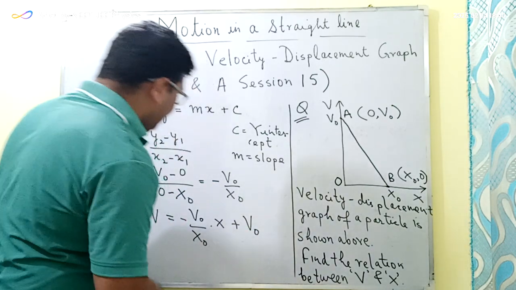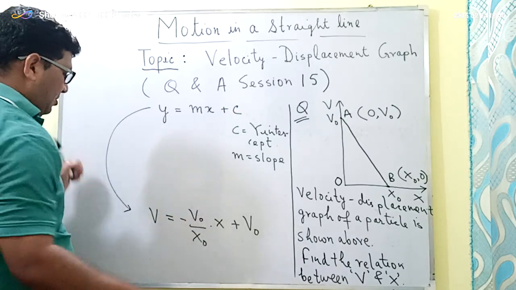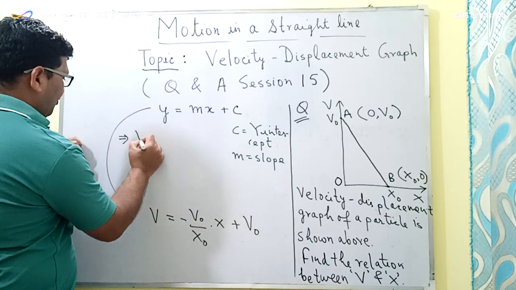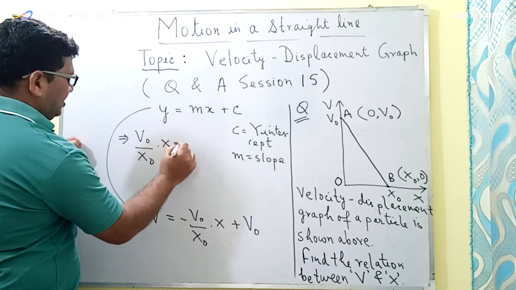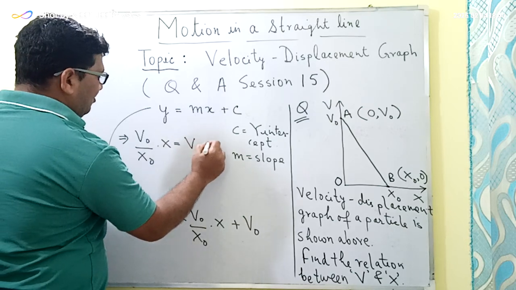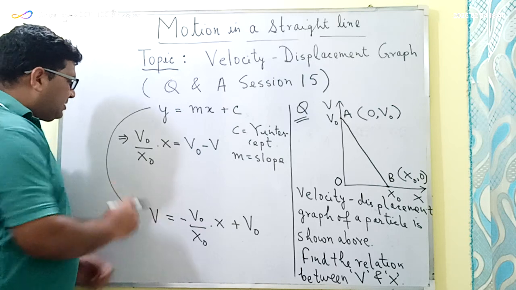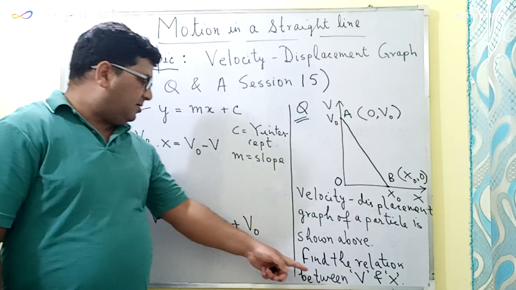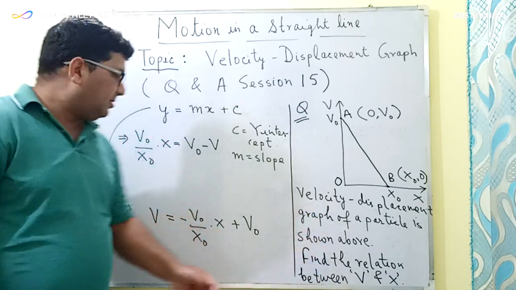From this equation, I will get another equation, that is v0 upon x0 into x is equal to v0 minus v. So this is the relation between the velocity and the displacement of this particle.